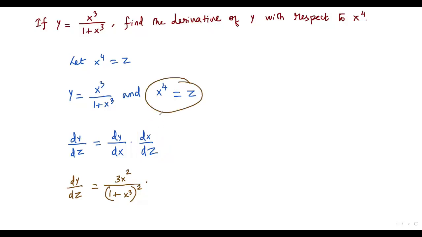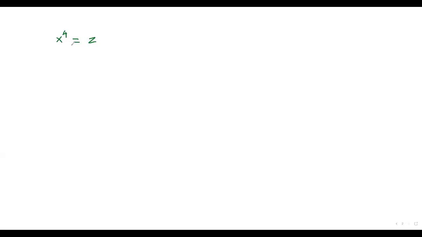Okay, let's do this separately. Here we have the function x to the fourth power is equal to z. In this function, what we need to do is find the derivative of x with respect to z. So we find the derivative on both sides with respect to z. To get the derivative of this x to the fourth power, first I have to use the power rule. Power rule means I have to bring this exponent 4 in front of x and subtract 1 from the exponent.